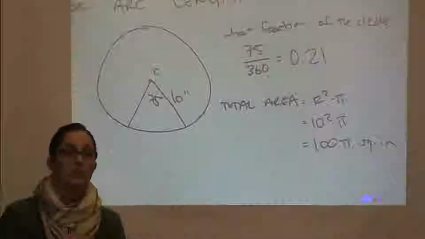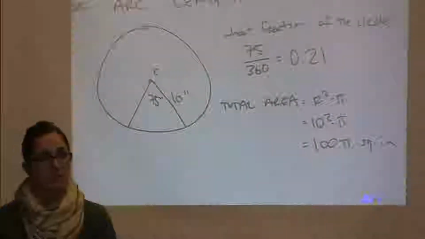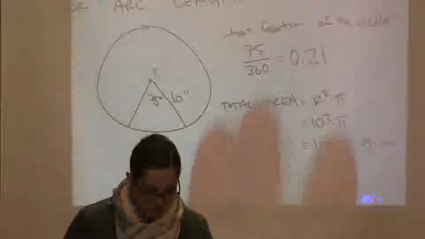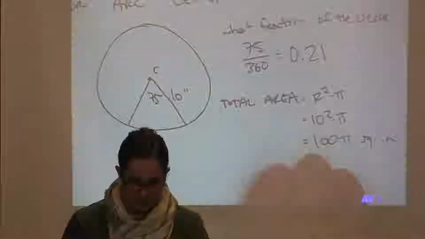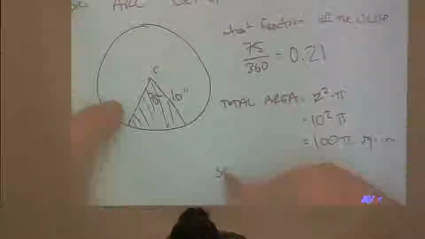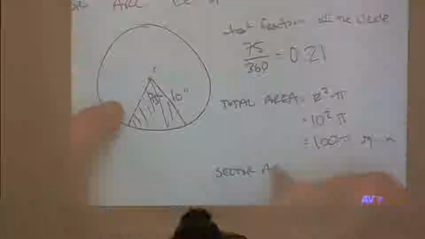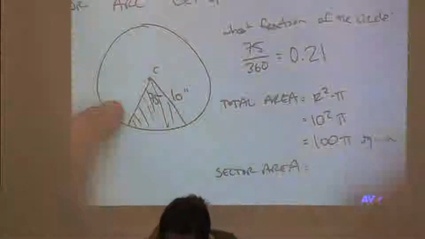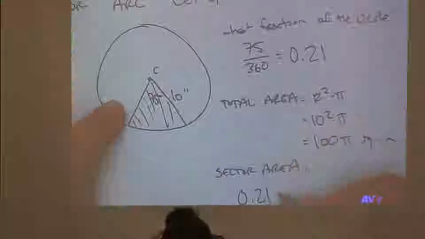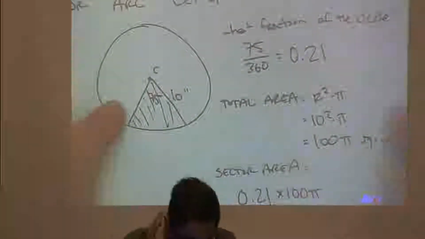Okay. This is 20%. Okay, so total area is 100 pi square inches. So if I want to figure out just this portion, for the sector area, the sector area is going to be that fraction, that percent, that proportion times 100 pi.